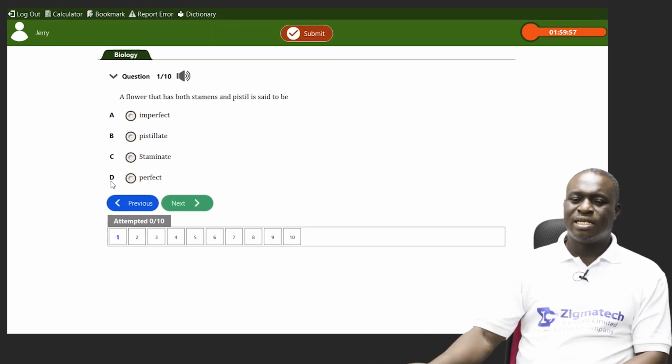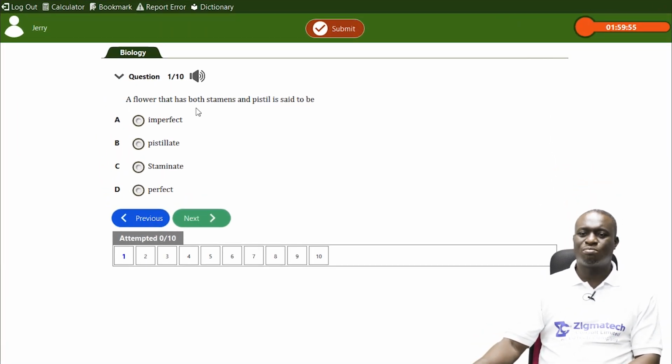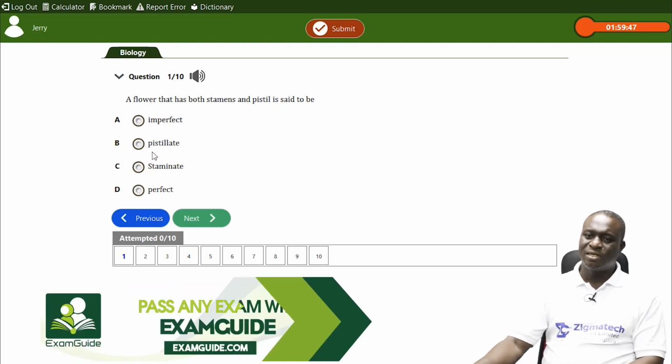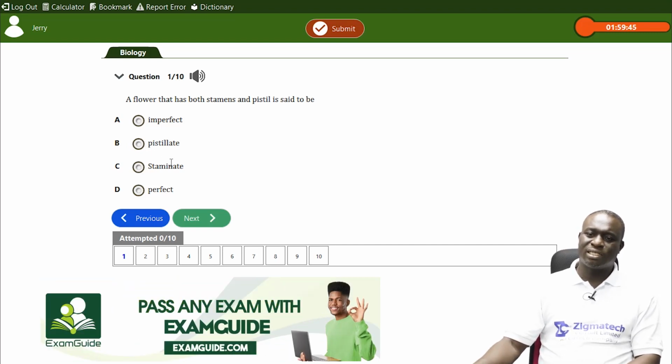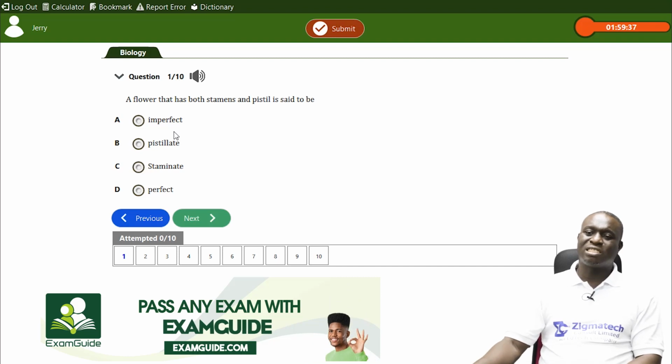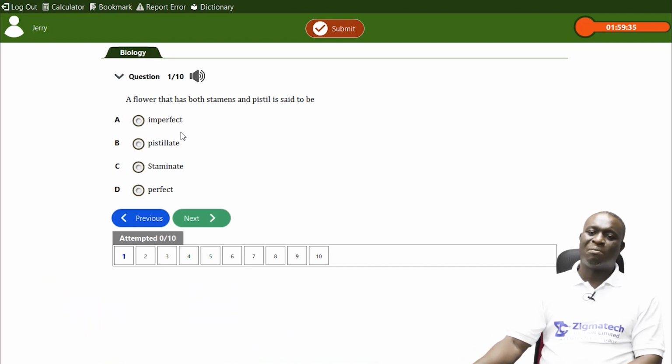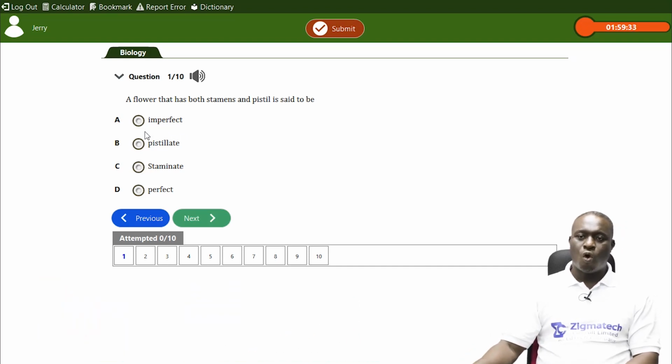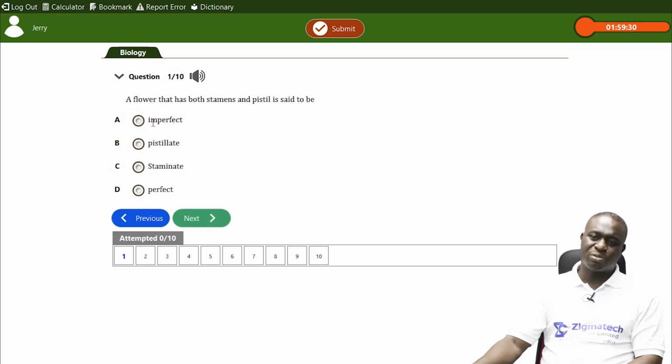Now look at this. They said a flower that has both stamens and pistil is said to be: A, imperfect? B, pistillate? C, staminate? And D, perfect? Remember I told you if it is imperfect, it does not have stamens, or it does not have carpels or pistil.